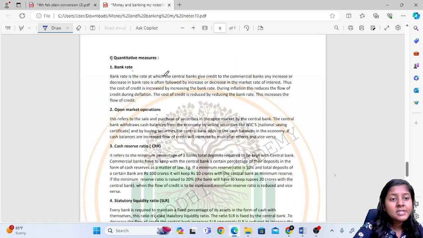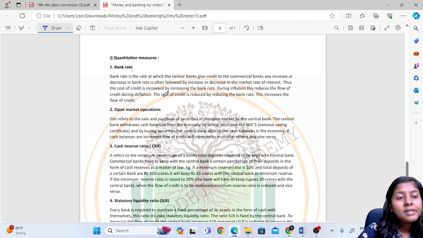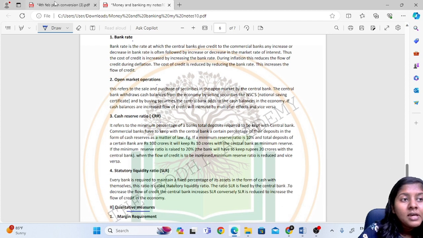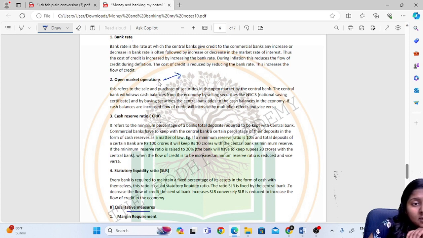Bank rate is the rate at which the central bank gives credit to the commercial bank. Then open market operations: here the securities are purchased and sold, so it is selling and purchasing of securities.